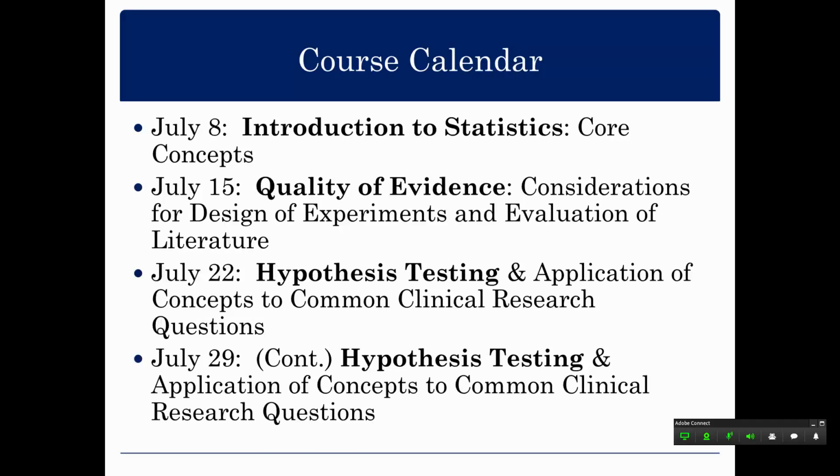In the next 2 weeks, we're going to get into all of those different types of analytic methods that you're probably familiar with at some level. And then we'll do different applications of those to some common clinical research questions. So we'll cover things like chi-square tests, which are useful for looking at the distribution of a characteristic or a feature in a population, or maybe looking at the association between characteristics in a population.